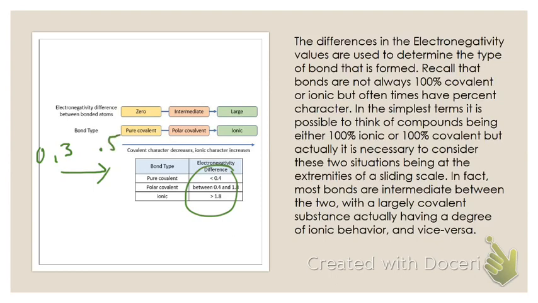It just depends on who made the chart. Same thing with ionic. Some use 1.7. Some go as high as 2.0 as the difference has to be for ionic. The point of all of this is most things are not purely ionic or purely covalent. Some of them can have more ionic character. Some of them can have more nonpolar character. There are a few things that are purely one or the other.